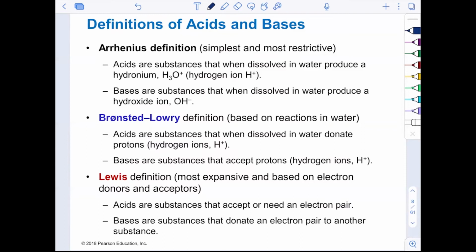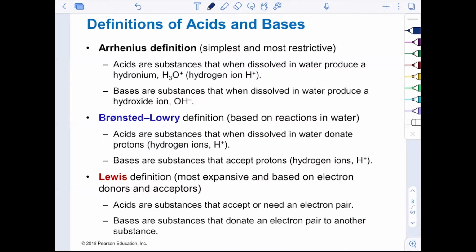The Bronsted-Lowry definition is a little bit better. It's based on reactions in water, but utilizes the definition that acids are substances that when dissolved in water donate protons. All right, they donate an H plus cation. Bases are substances that accept protons. Notice that it's focused on that H plus rather than separating an acid or a base. They're connected now.